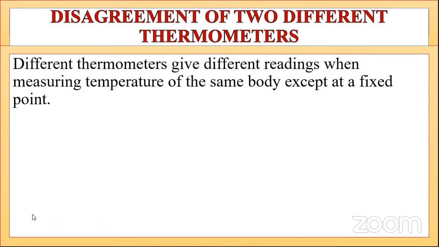Can two thermometers give different readings for the same temperature? If you're there, you say yes. But when you say yes, be ready for the next question, which is why. When you say no, you also get a question why.